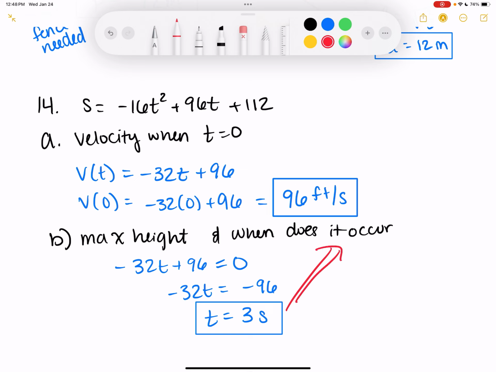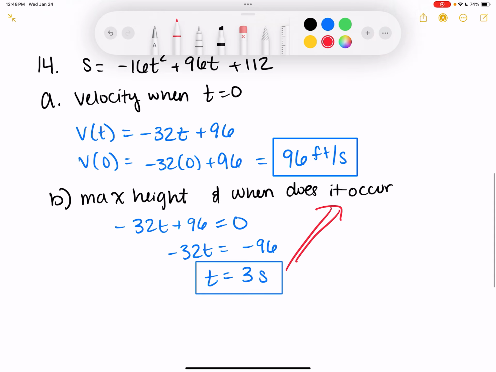Now, I want to know what that max height is. So what do you think I might need to do now? We plug that into the original. Yep, I'm going to plug this value into the original, the position function, because that's going to give me the position at time t equal to 3 seconds. So S of 3 is equal to negative 16 times 3 squared plus 96 times 3 plus 112.